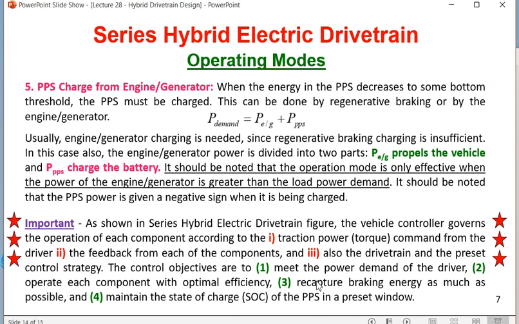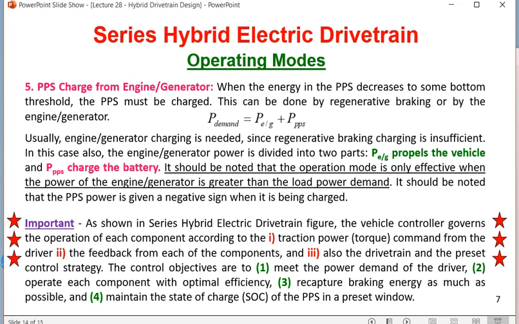As shown in the hybrid electric drivetrain figure, the vehicle controller governs the operation of each component according to, number one, the traction power or torque command from the driver. I told you there are mainly three command inputs. Which are they? Traction power command from the driver; feedback from each of the components, that means from the brake, vehicle speed, the motor operation, the peaking power source state of charge, state of current, all those things.